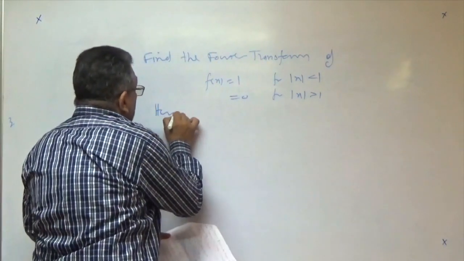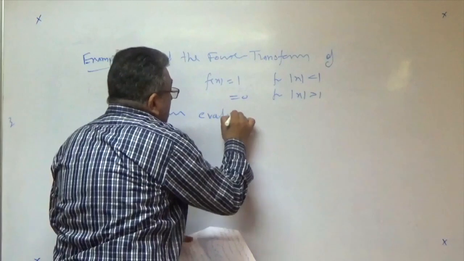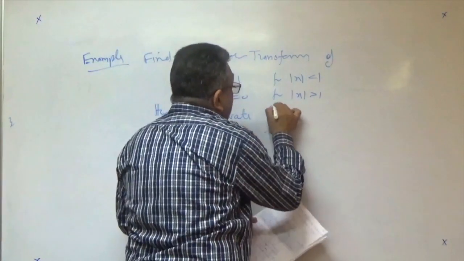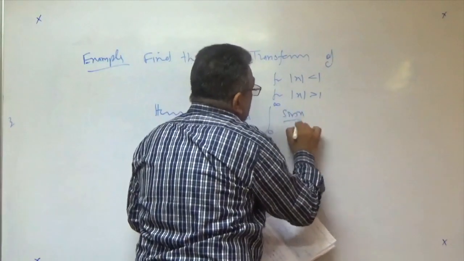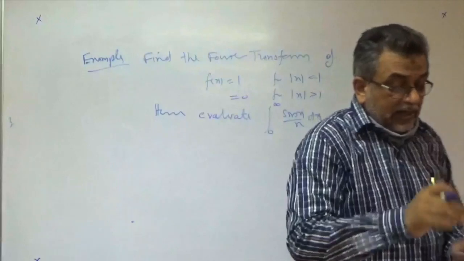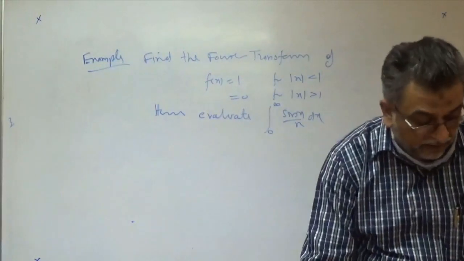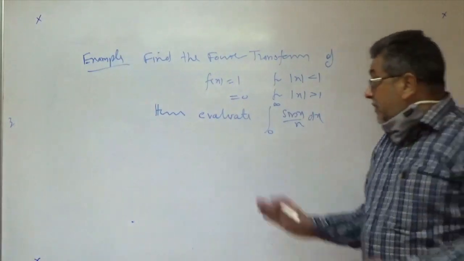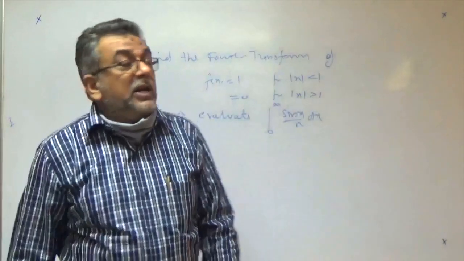Hence, evaluate the integral from 0 to infinity of sin x upon x dx. That is a very important integral that can be evaluated with the help of the Fourier transform, right? And this is the given definition of the function.